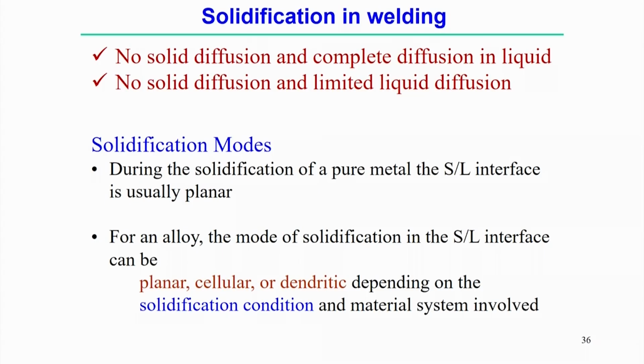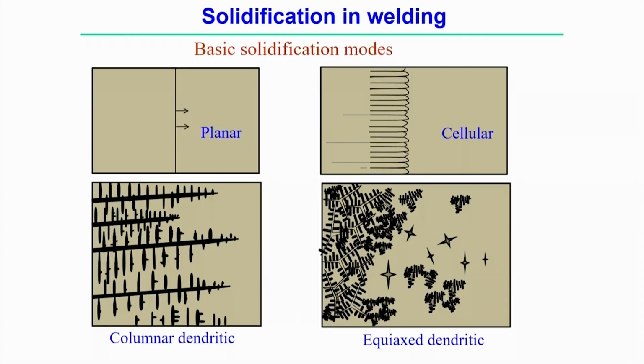That is one type of mode, but normally for an alloy system the mode of solidification at the solid liquid interface can be planar, cellular, or dendritic, depending on the solidification condition and the material system involved. So, we will look into the different types of solidification modes generally observed.